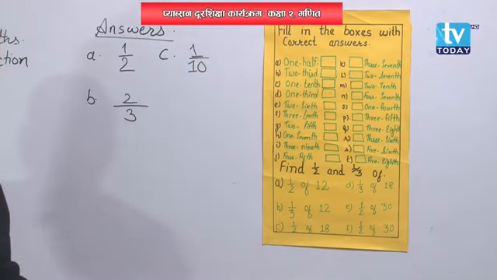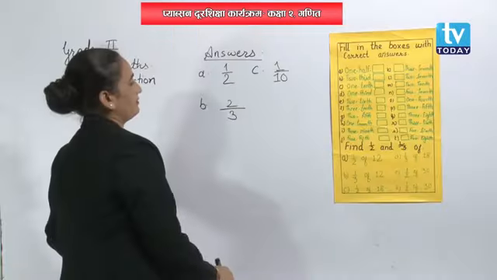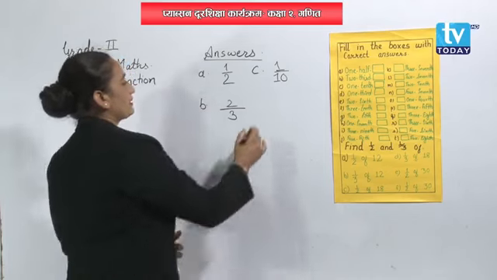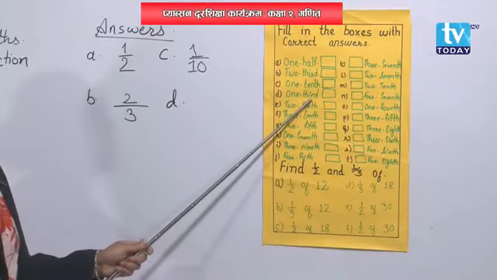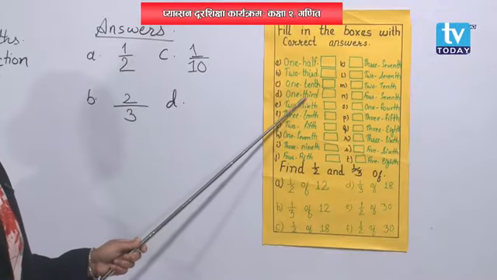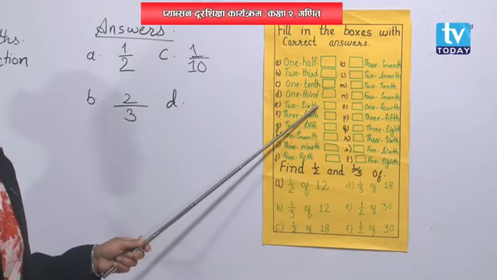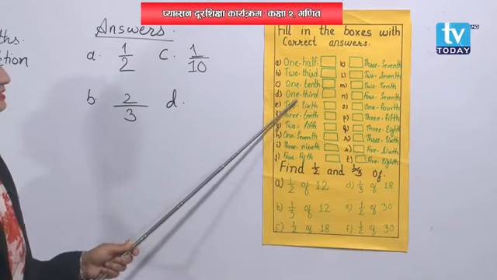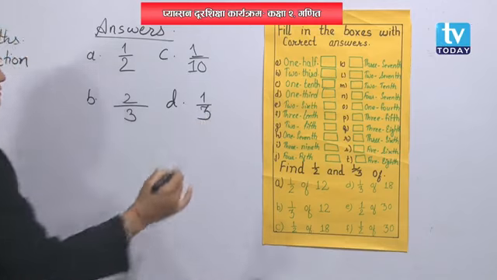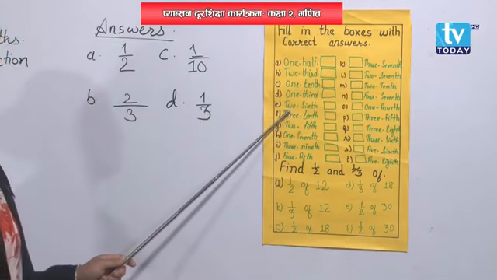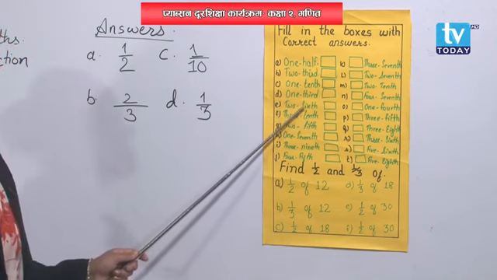Now after C, let's write in D number. D, what is written over there? 1/3, right. How to write? Out of 3 parts, 1 part is shaded. So write down 1/3.